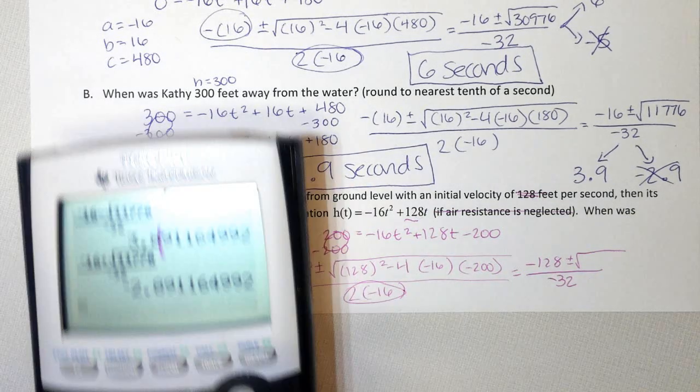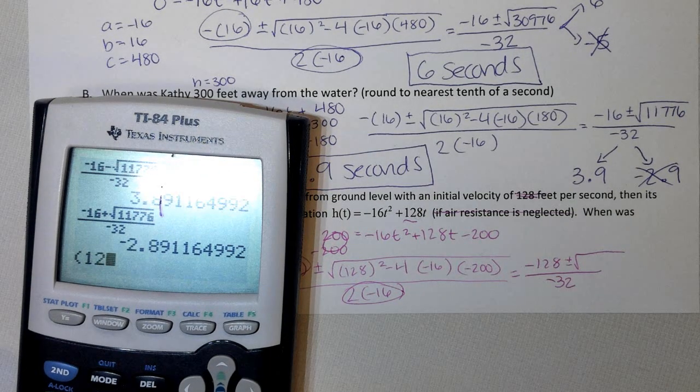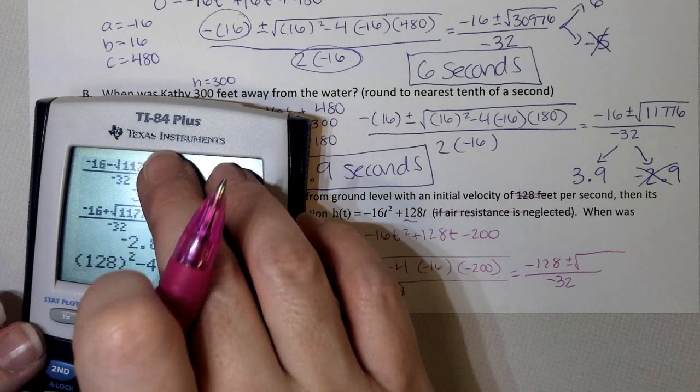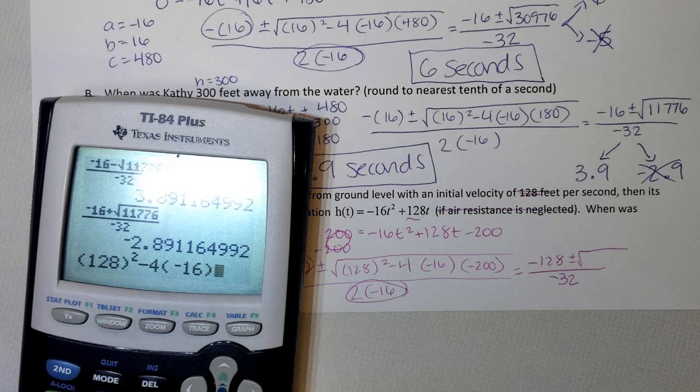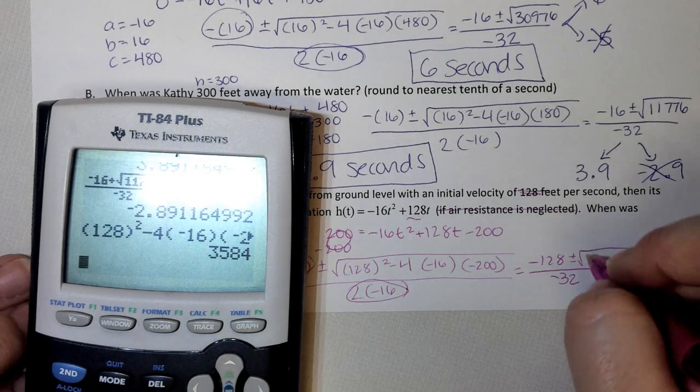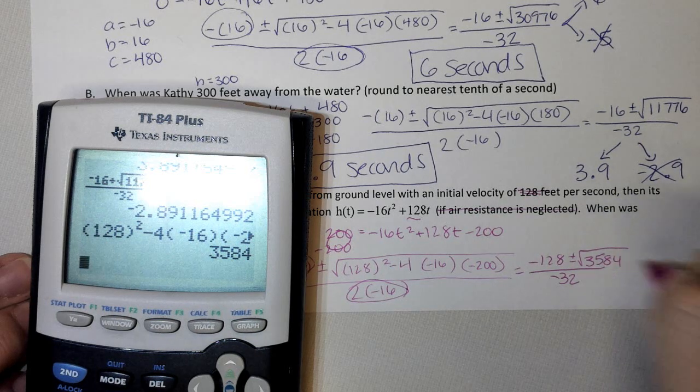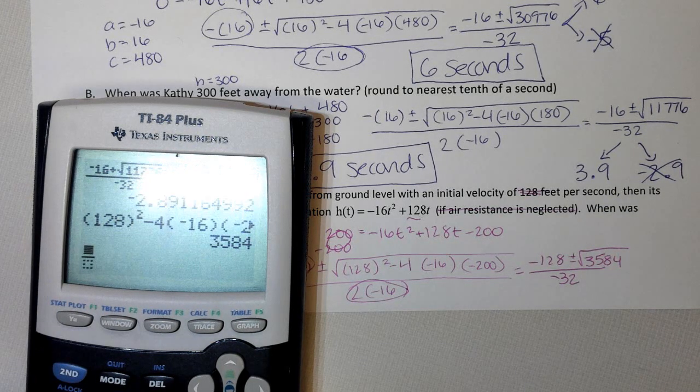And let's type just what's under the house. We get 3584. And now we type the whole thing.